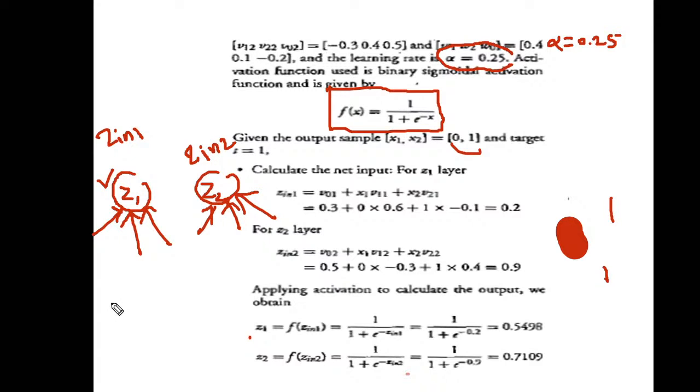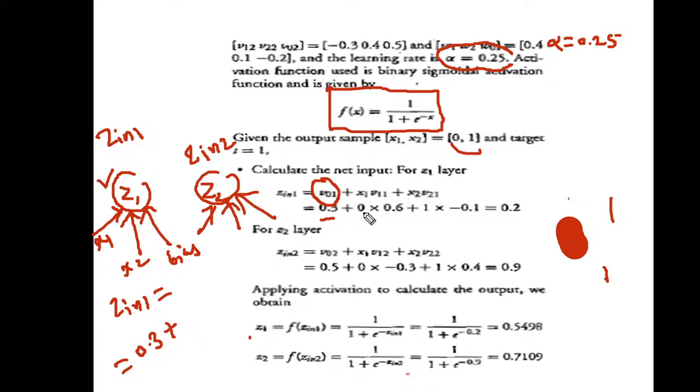So z_in1 can be calculated as follows. Here x1 will be coming. What different weights are coming? One is v01, that is the bias, and this is 0.3. So 0.3 plus, because bias we directly add, since it is connected by weight 1, so 1 into 0.3 will be 0.3 only.